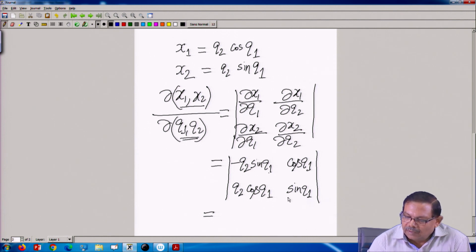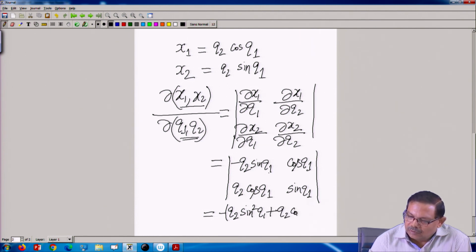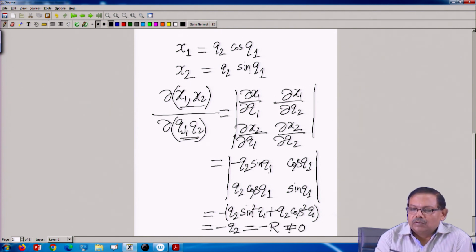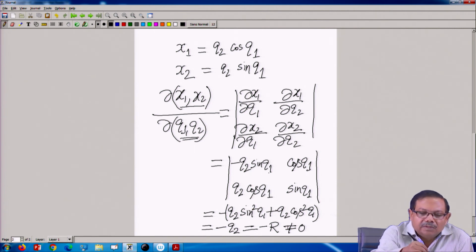So, the determinant gives me minus q2 sin square q1 minus q2 cos square q1, which is minus q2, which is equal to minus r, which is non-zero.